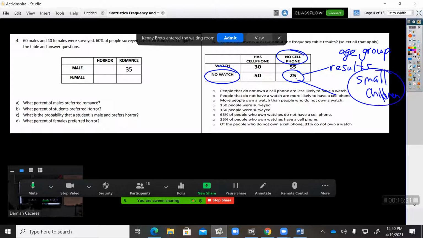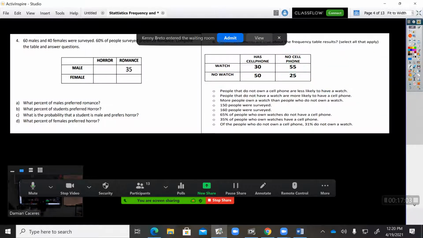You understand? These are the kind of common sense questions they're going to ask you about data. You with me? So now that we understand how we're going to read this, let's answer these questions and only check the true statements. Look at the first one: people that do not own a cell phone are less likely to have a watch.